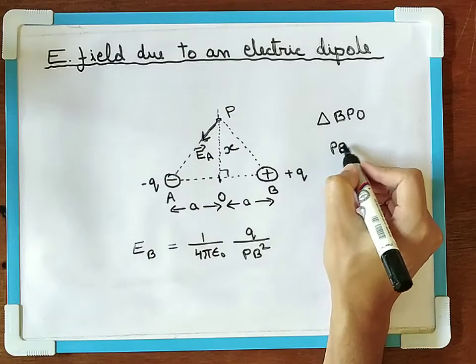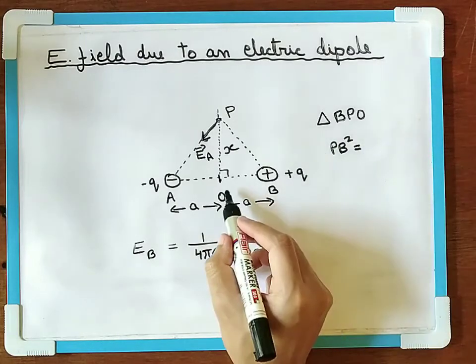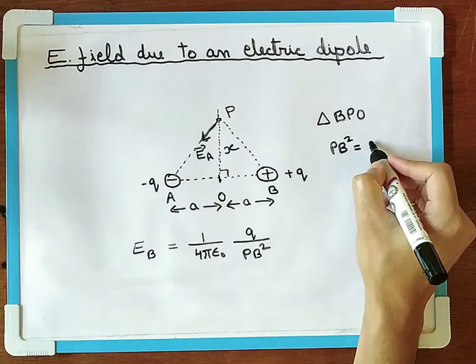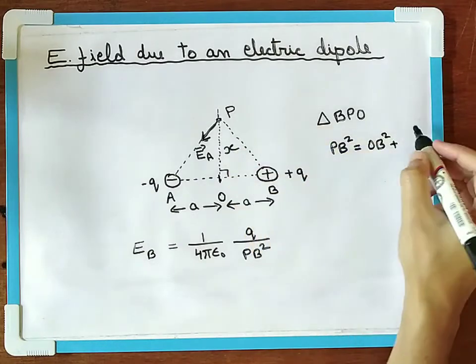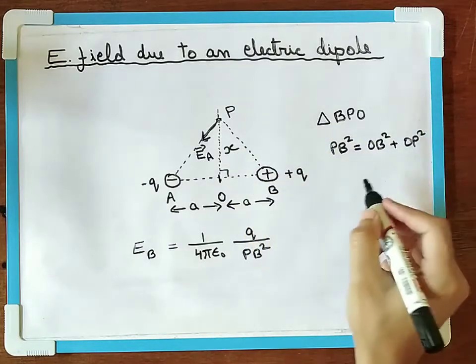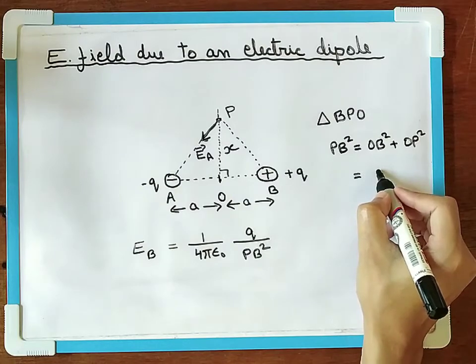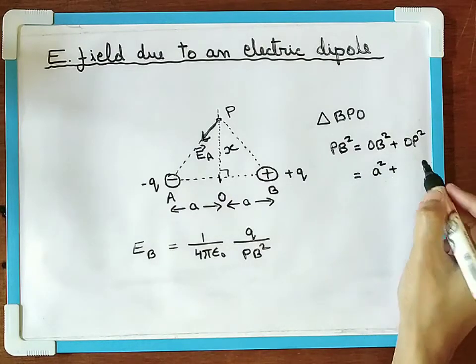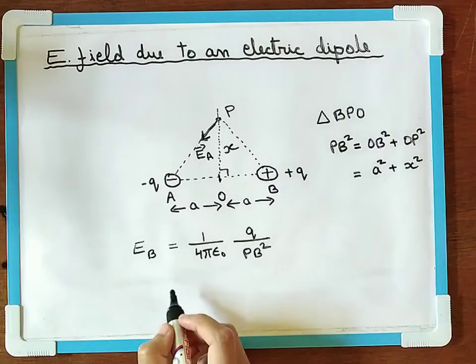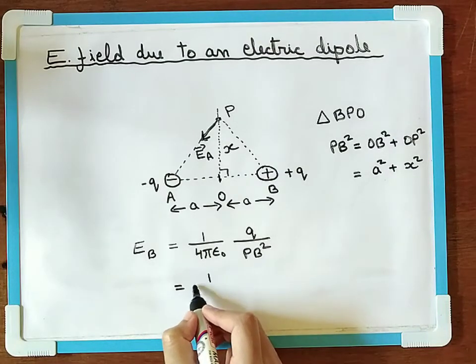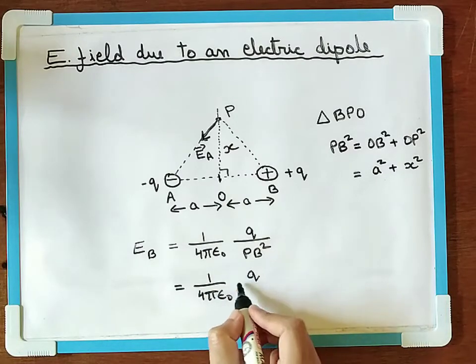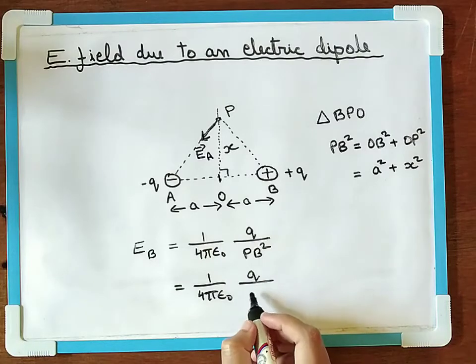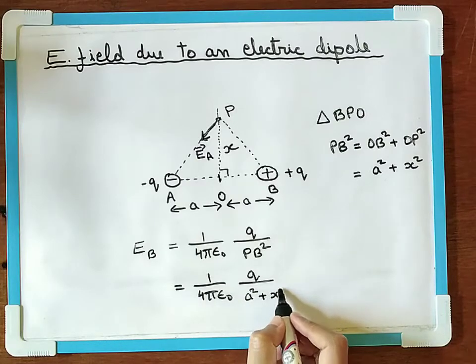The square of the hypotenuse PB square is equal to the sum of the square of the base OB plus the perpendicular OP square. So here we have PB square equal to a square plus x square. So your EB is equal to 1 by 4 pi epsilon naught q. Then instead of PB square, I'll write a square plus x square.